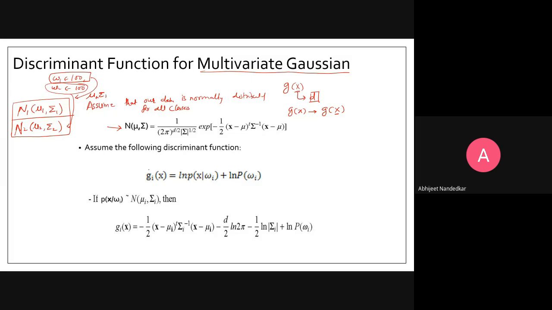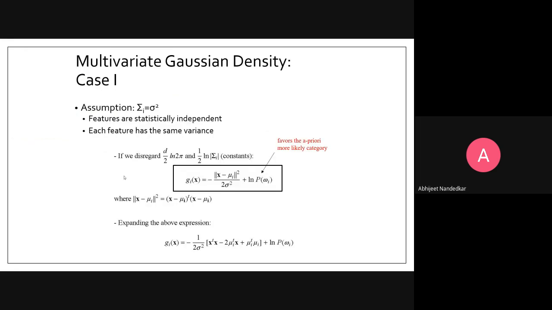Then we use our normal distribution equation further to find out the decision boundary between two classes that we have seen yesterday. And we have seen there are three cases.